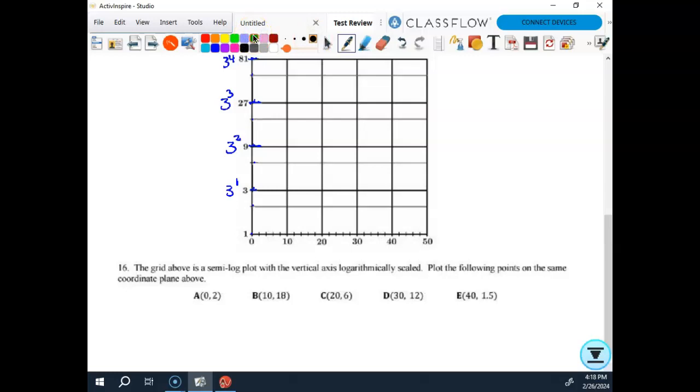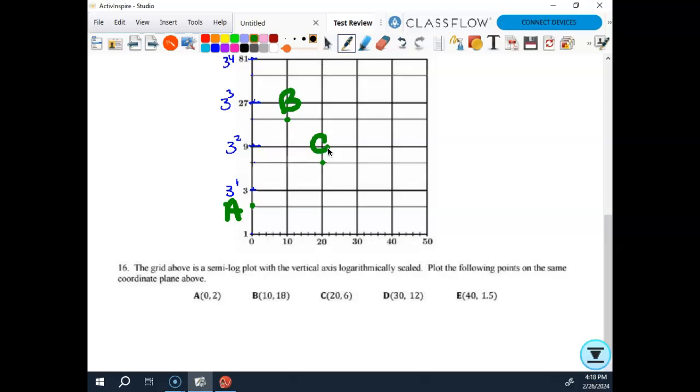0, 2. So 0, 2 is right here. That's A. B would be 10, 18. So 10, remember this is 9 and then 18. So this is my B. C is 20 and then 6. So this is 3, 6 before we get to 9. That is C. 30 and 12.